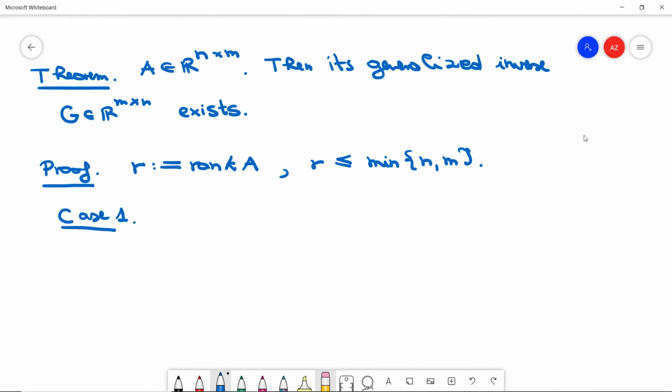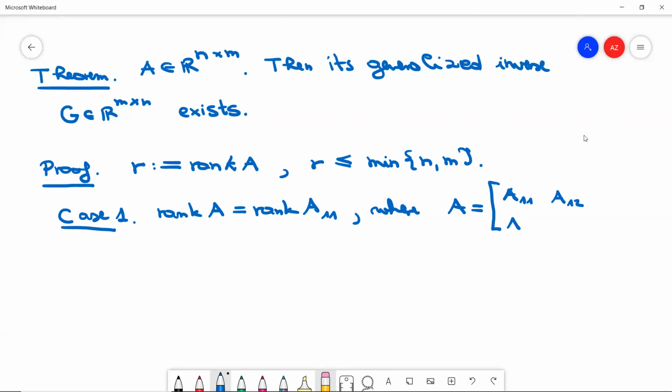Case 1. Let's say that the rank of A is equal to the rank of its left upper r times r submatrix A11, where we decomposed A into this form. So A is equal to a 2 by 2 matrix of blocks A11, A12, A21, and A22.